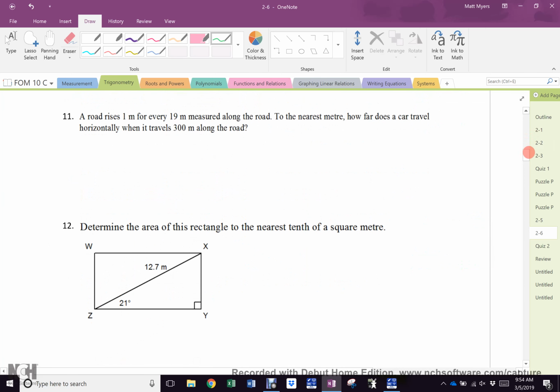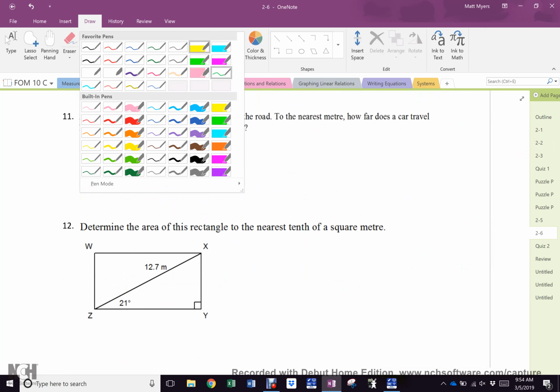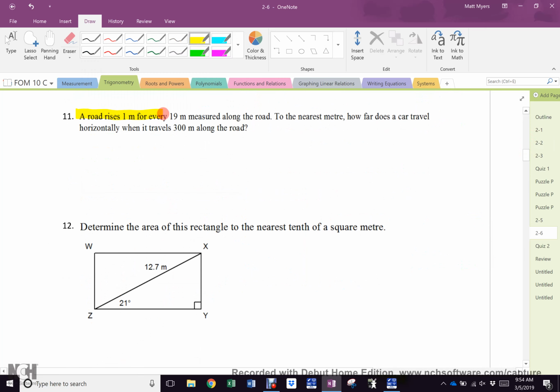Number 11 is a very difficult question. Because again, it's tough to read. All of you are able to read that first sentence. The problem with that first sentence is a great many of you do not understand the part that is highlighted green.